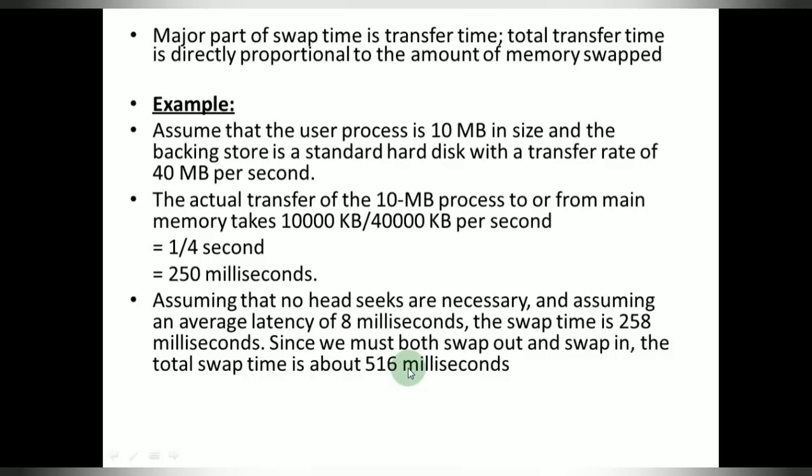As I started my discussion of swapping, we said that if a process is idle, doing nothing and unnecessarily occupying the main memory, then certainly we will have to swap out. But in situations like this, we have to be very careful considering the time that it takes to swap in and swap out.